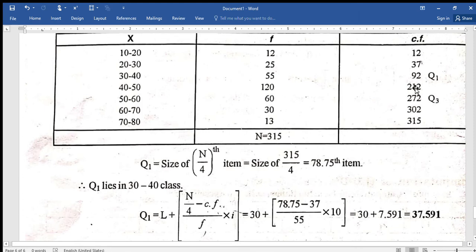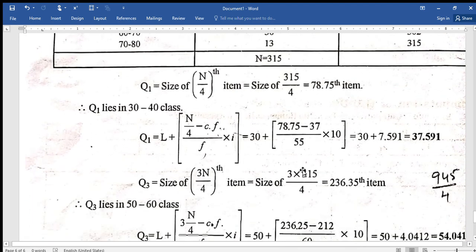This is the quartile class. Preceding this quartile class is 37, divided by f, that is 55, into 10. The difference between these two values, 30 and 40, is 10. If we simplify this, first we must do the subtraction, then the division, then the multiplication.